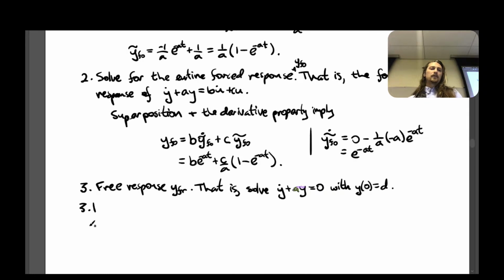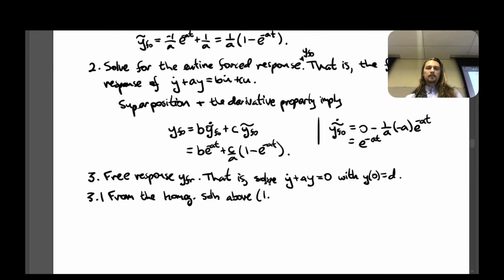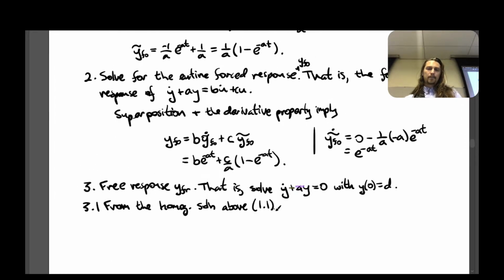So we'll say from the homogeneous solution above, which is in section 1.1, we can say that the homogeneous solution here is equal to some constant, K3 we're up to now, e to the minus a t.